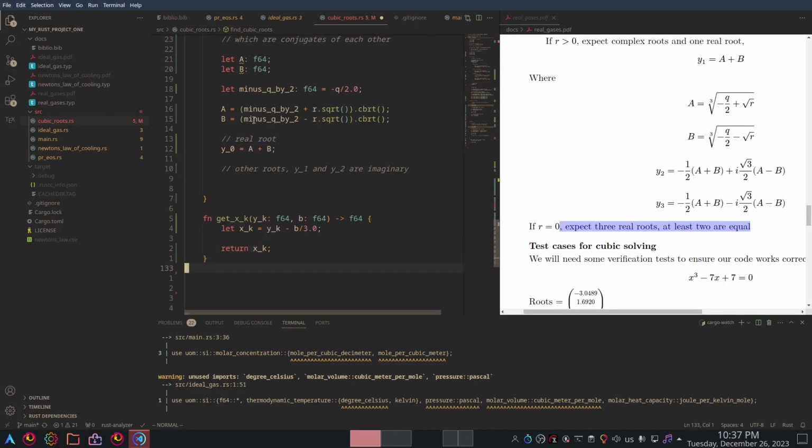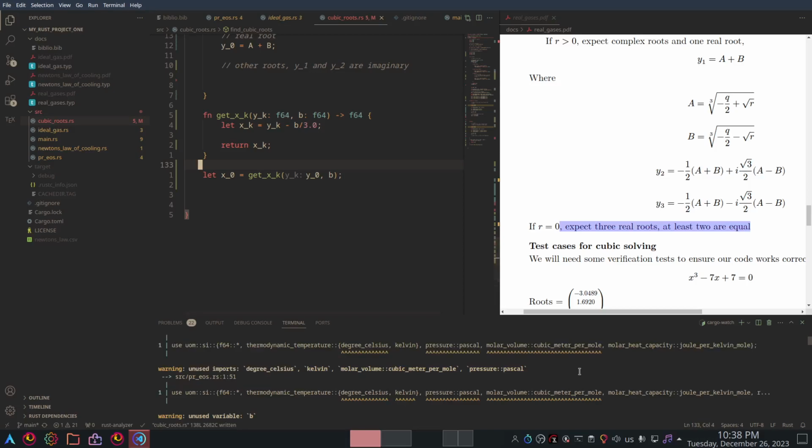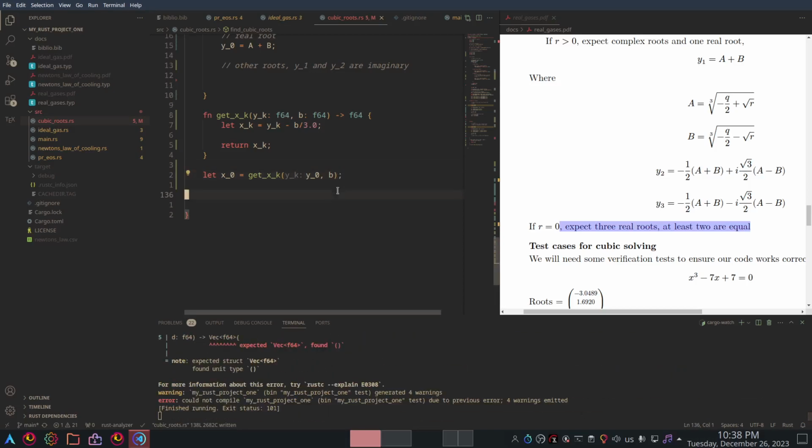So we will get x. Let's do x1, x2, and x3. Let x0 equal to get xk. First I get y0 and b. That should be fine, except that we have to return this in a vector, right?